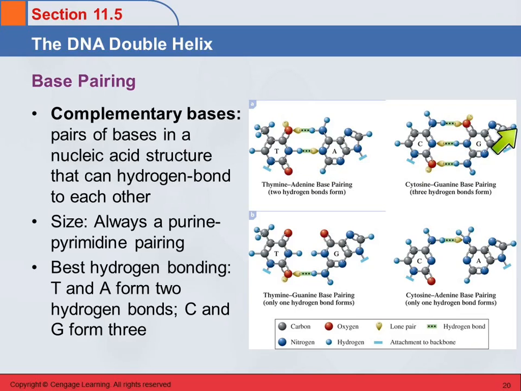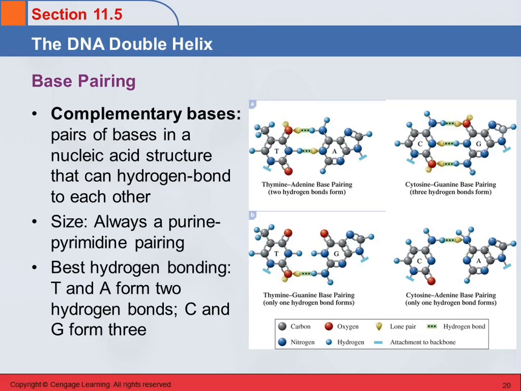A and G are about the same size, and C and T are about the same size. But if we pair C with T, the combination is going to be significantly smaller than if we paired A and G, the two larger ones.